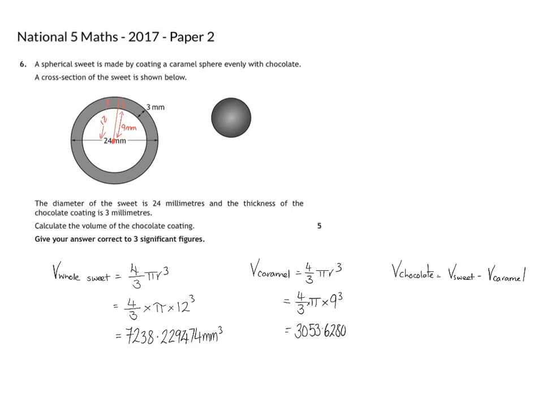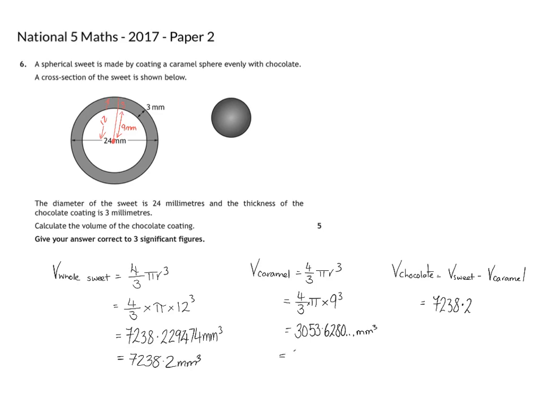So 4/3 times pi times 9 cubed gives us an answer of 3,053.628 and some extra. So the volume of the chocolate is going to be 7,238.2. I'm just going to round to one decimal place here. So I'll go back and round in here. 7,238.2 for that one. Millimeters cubed. I even said I needed units and then didn't put them on the second one.